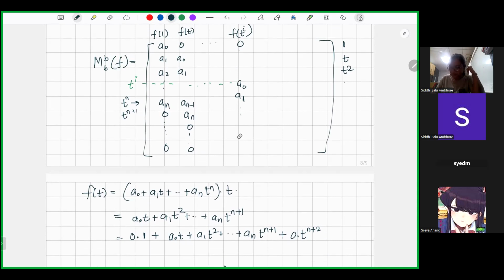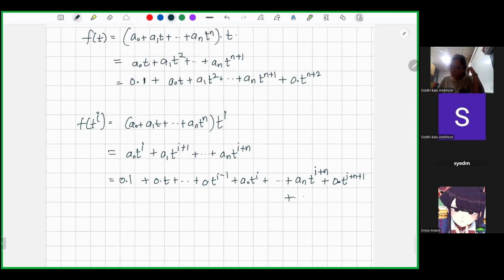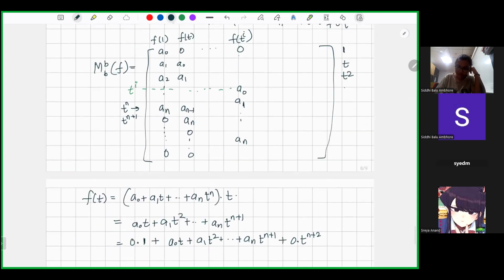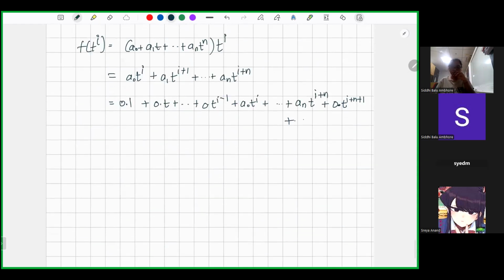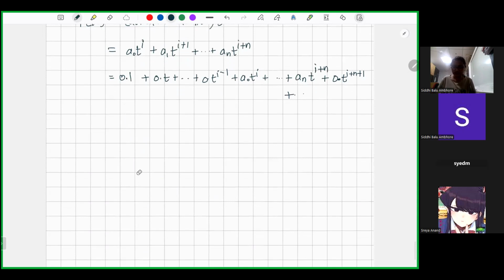This becomes AN, the coefficient corresponding to t power I plus N, and then 0. So how does this matrix look? This is A naught, A1, AN, then shifting by 1, A naught, A1, and so on. It becomes 0 and 0 for the rest.